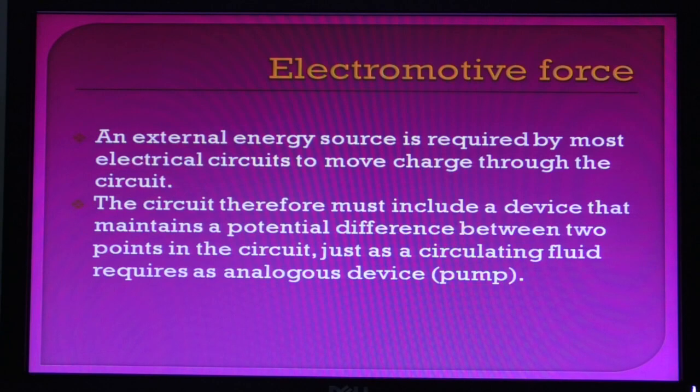Basically, it is energy. An external energy source is required by most electrical circuits to move charge through the circuit.